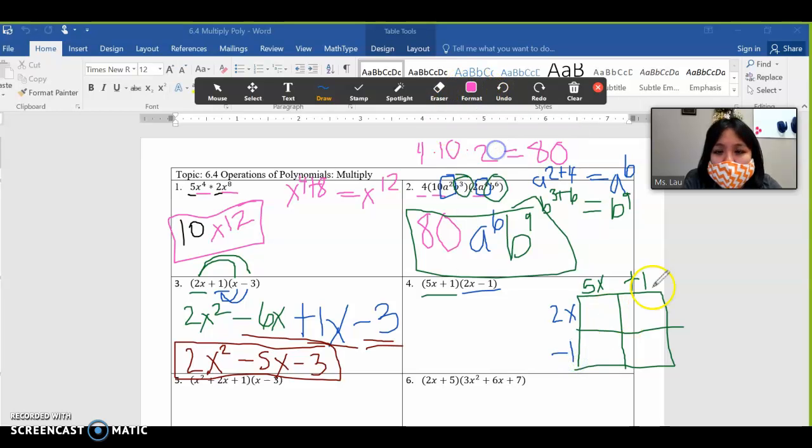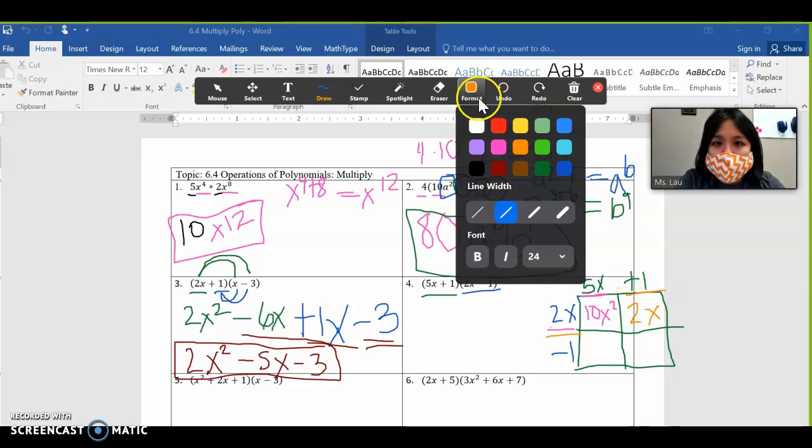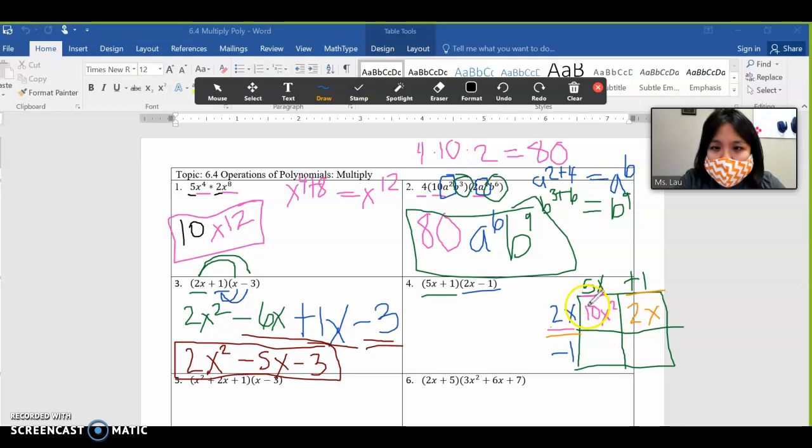So we're going to multiply 5x times 2x and put that in the top box. So 10x squared. So it's kind of like the multiplication chart from probably elementary school that you used to do. And then you can do 2x times 1, which is 2x. Then you're going to do the 5x times negative 1, negative 5x.